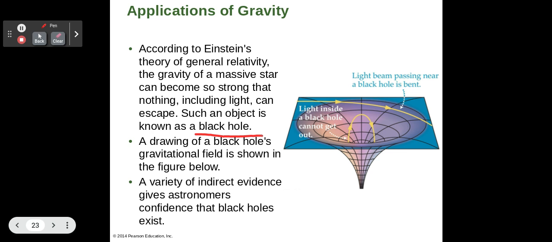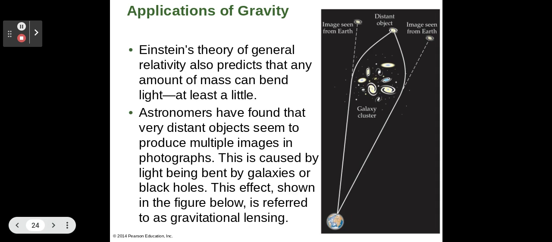So with all of this indirect evidence, meaning Newton's law of gravitation paired with Einstein's theory of general relativity, and with having calculated capital G and lowercase g and all of those other things, we get indirect evidence for the existence of a black hole. And we'll talk about it a little bit more.